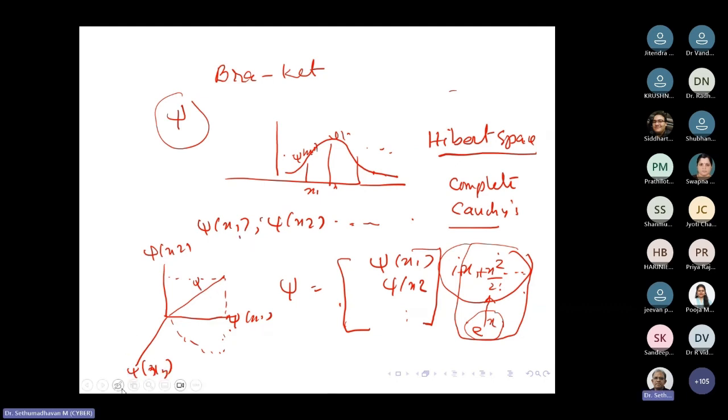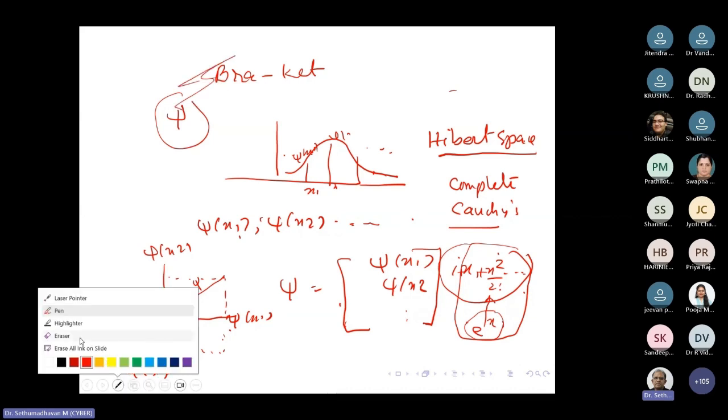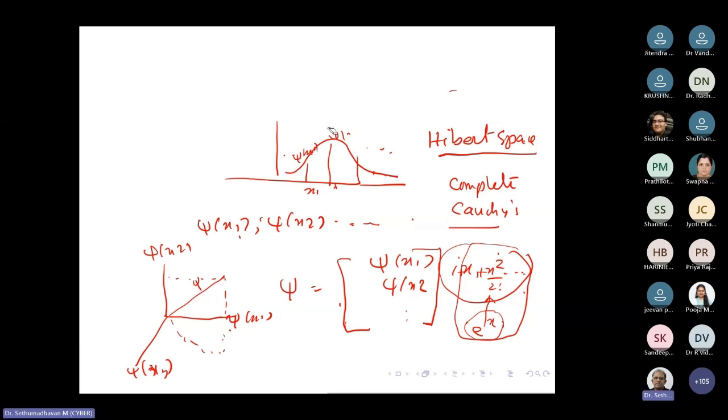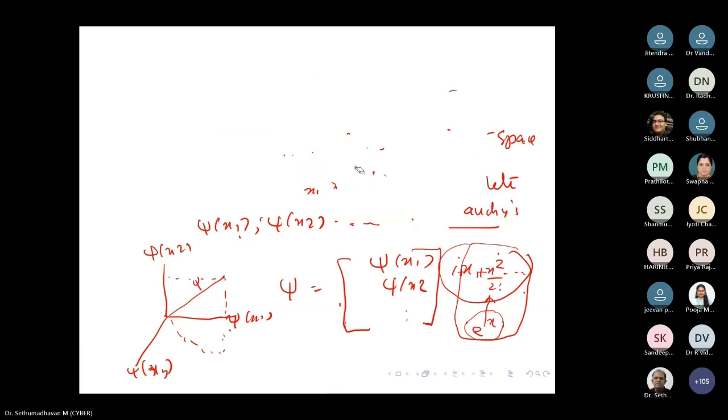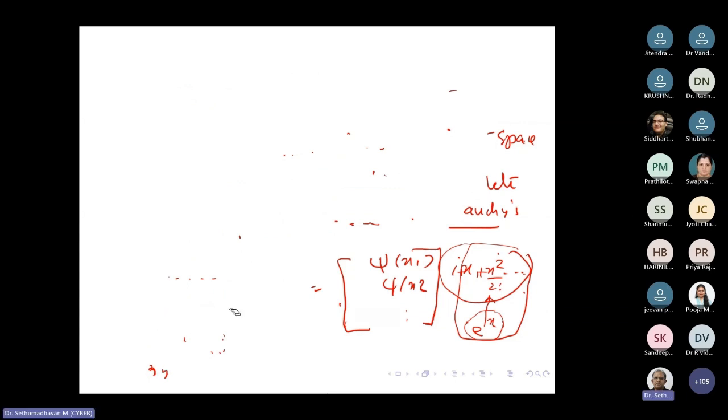It is not the case that you always need an n-dimensional vector space. You have an example like, for example, spin. I wanted to explain the Grover algorithm, but it will take some time.